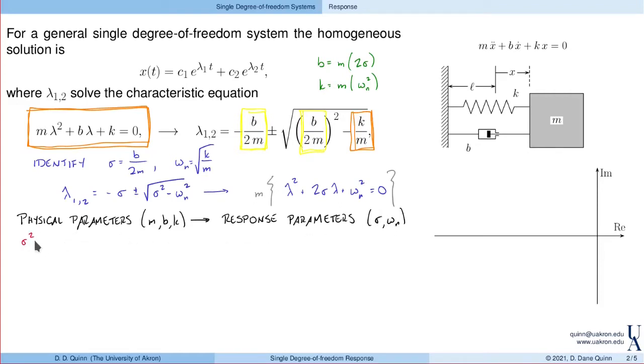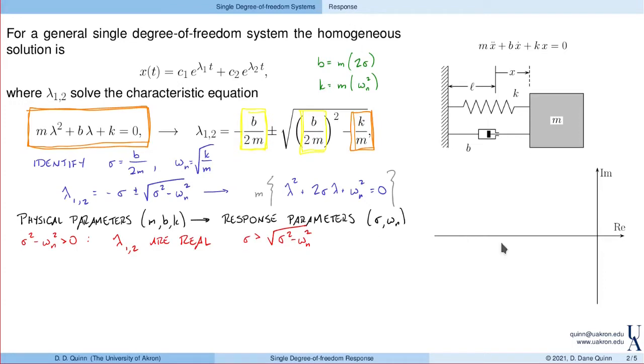Here, if sigma squared minus omega n squared is greater than 0, well, that implies that lambda 1 and lambda 2 are real. And in particular, we'll note that sigma is always greater than the square root of sigma squared minus omega n squared, right? Because this quantity is only less than sigma squared. So these things are not only real, but they're negative as well.